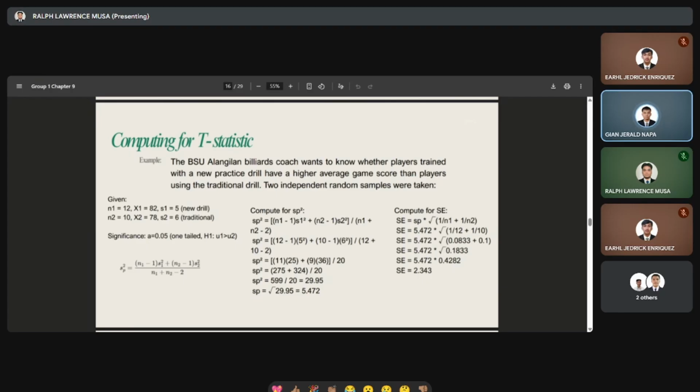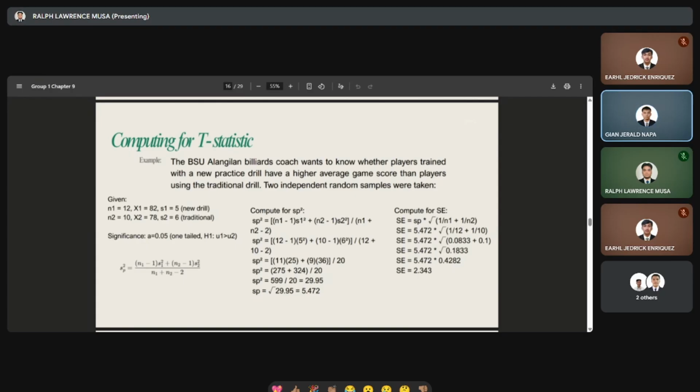So that is 275 plus 324 over 20, which is equal to 599 over 20, or 29.95 in decimal form. So we will find the square root of that since naka-square pa yung SP, and that is our SP. So that's 5.472.